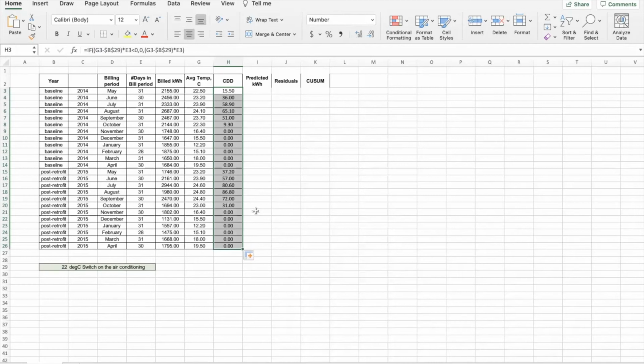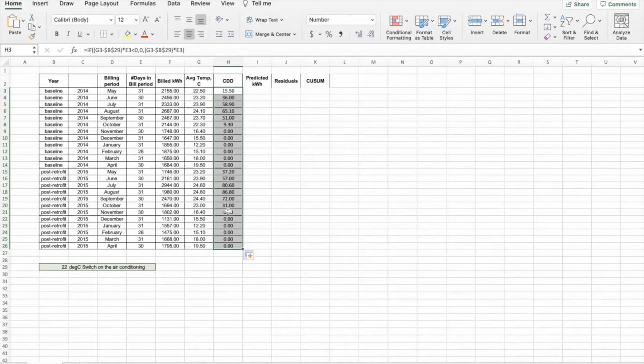What I try to say is, it is very easy to obtain the CDD or HDD because you can obtain it from the internet, from the government or the observatory department. The weather values are very easy to obtain.